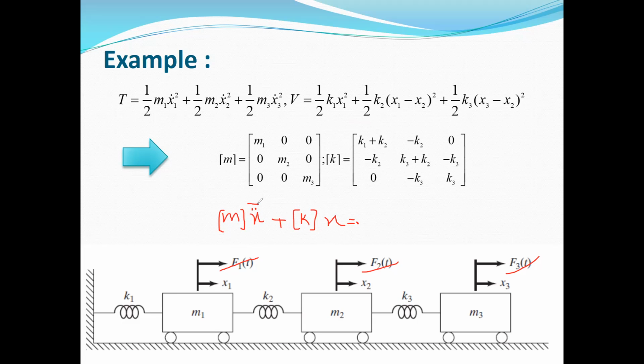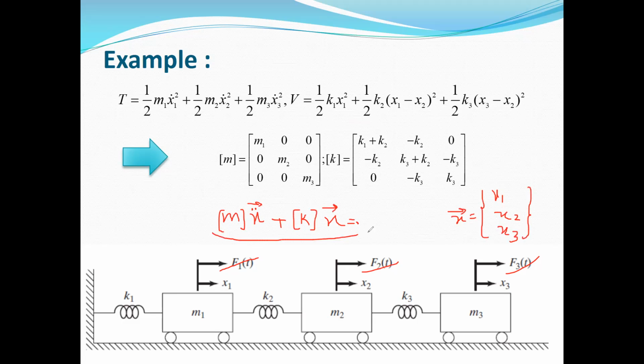And you know that this x is a vector with 3 components: x1, x2, and x3. So x double dot is x1 double dot, x2 double dot, and x3 double dot.